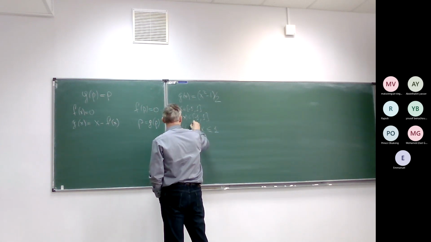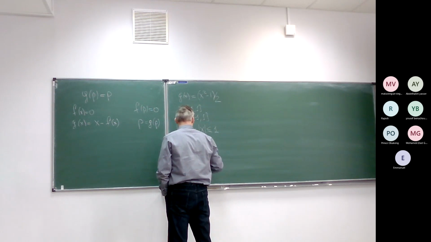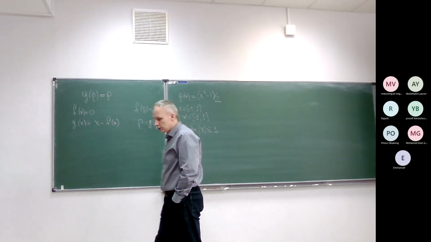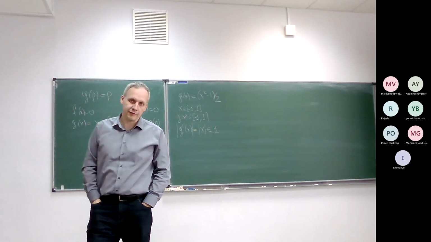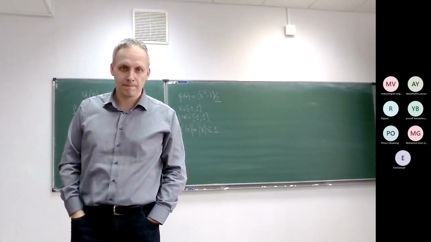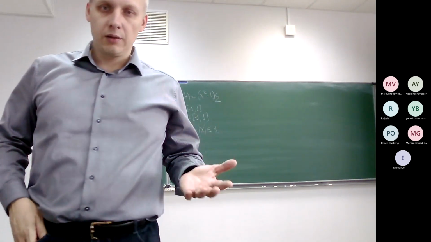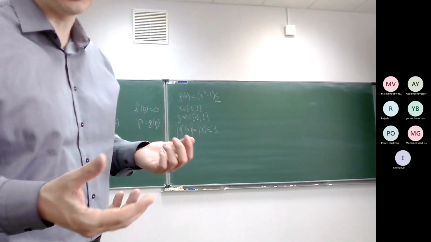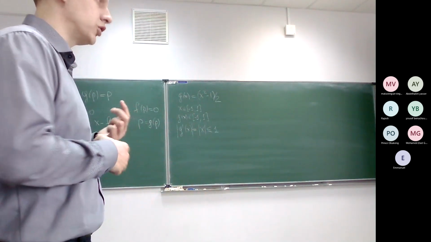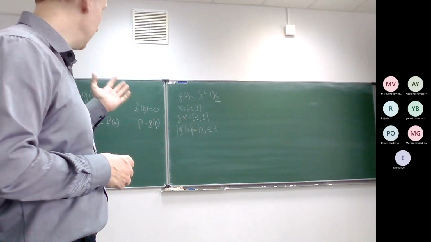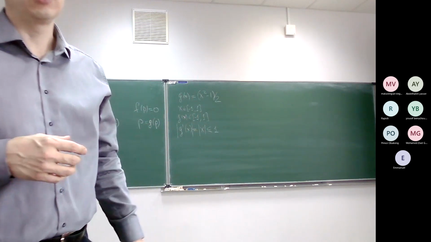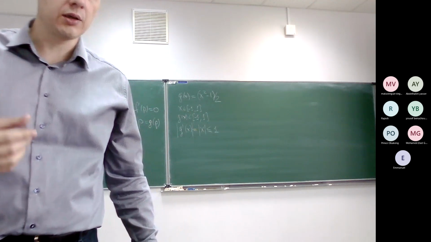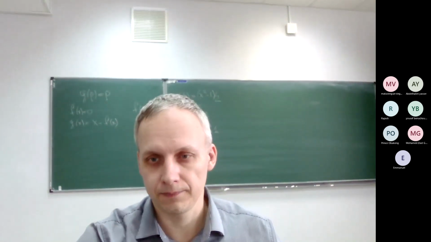The module of the derivative will be smaller or equal to 1. That's why we can say that the second property of the theorem is also true, and this function will have a unique fixed point on the interval from -1 to 1.